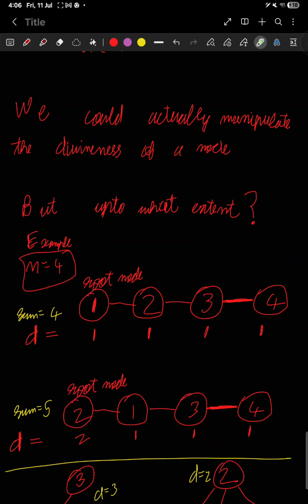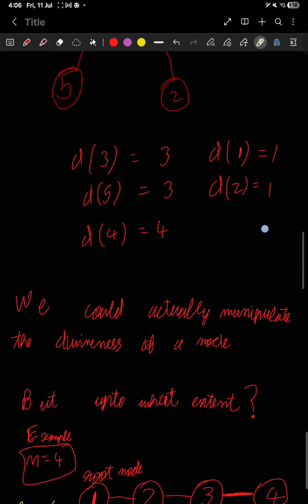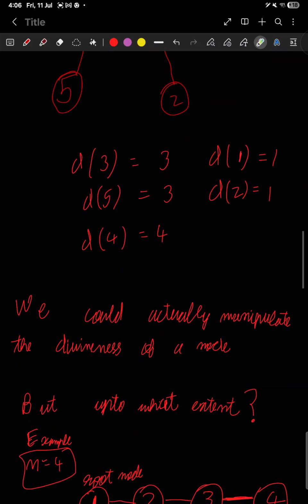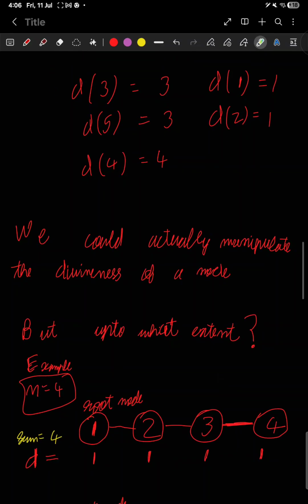One thing we have to notice is that we could actually manipulate the divineness of a node according to our value, but up to what extent?